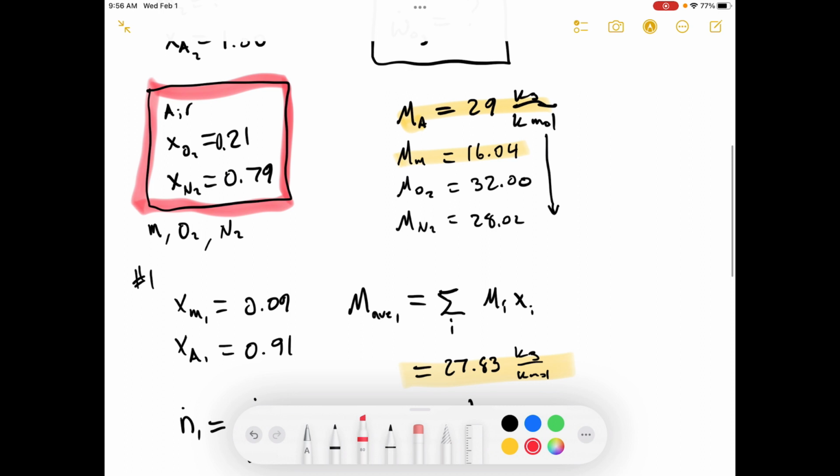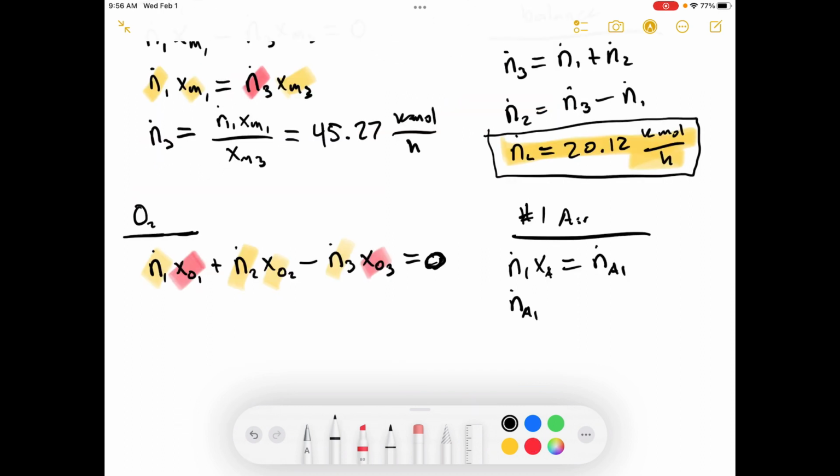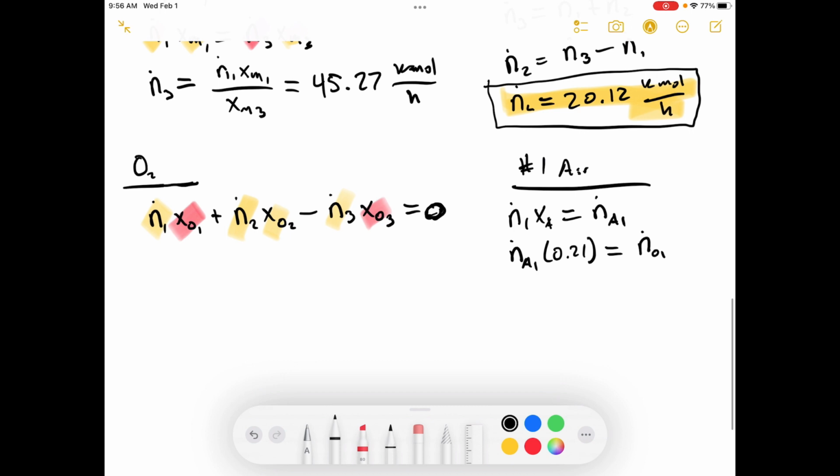We know that 0.21 fraction of that air stream is equal to the amount of oxygen flowing in stream 1. And then we know that the rest is the nitrogen.